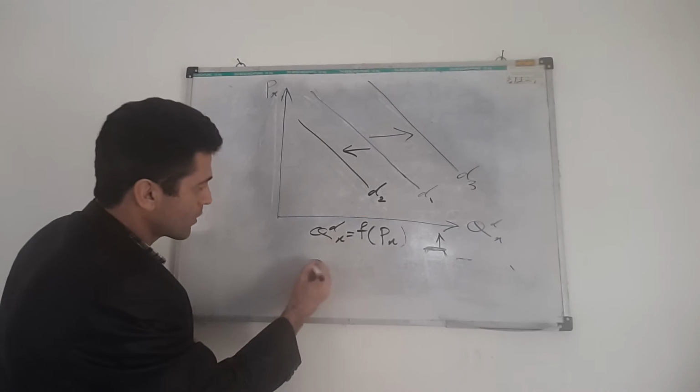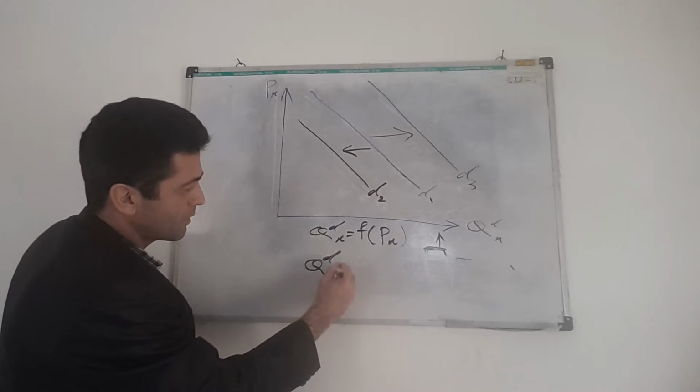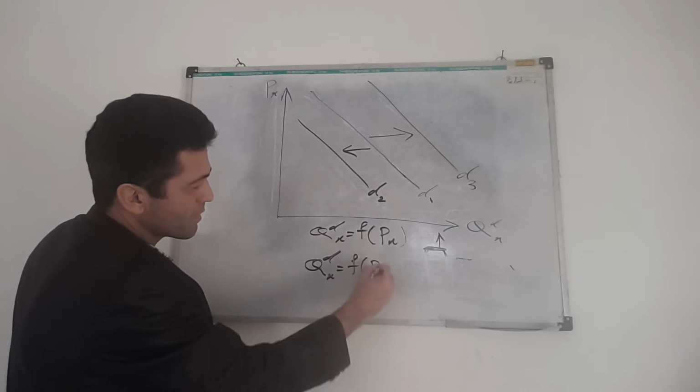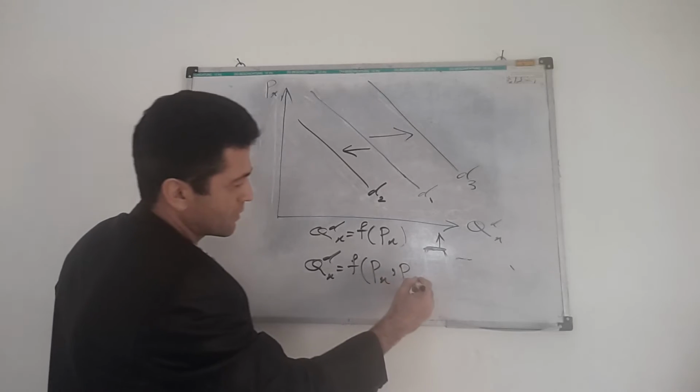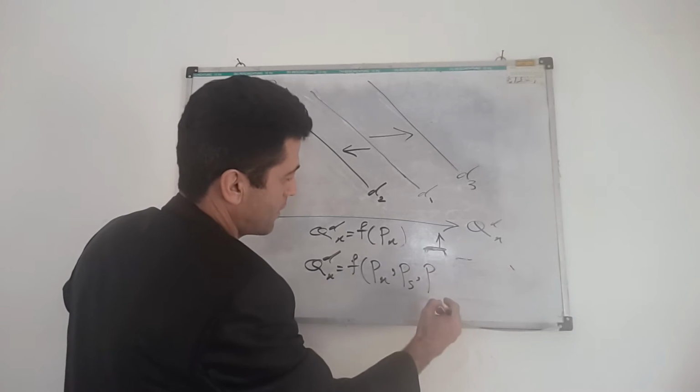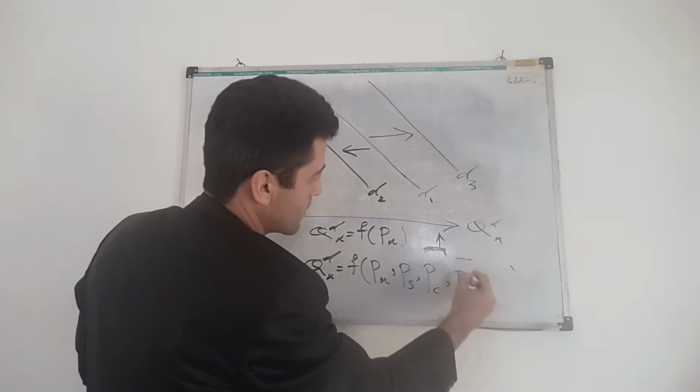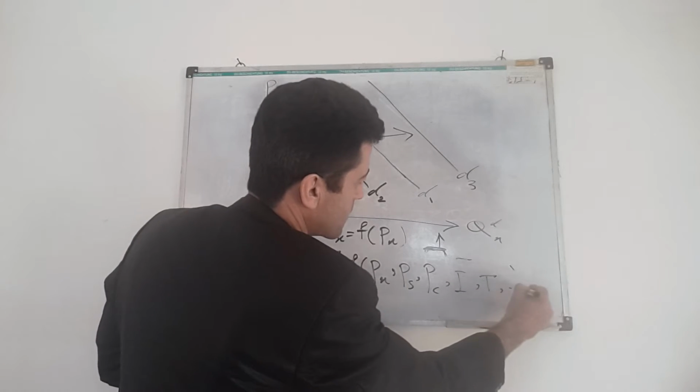Sorry, here we rewrite again: price of X, prices of substitute goods, prices of complementary goods, personal income, taste, and so on.